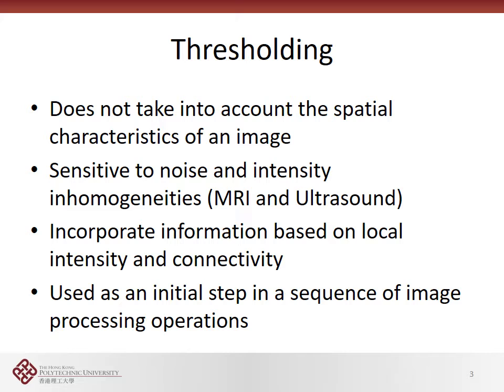But if we integrate spatial information into the algorithm, we can easily distinguish these two tissues or organs. So one of the most important shortcomings of the thresholding algorithm is that it does not take into account the spatial characteristics of an image.